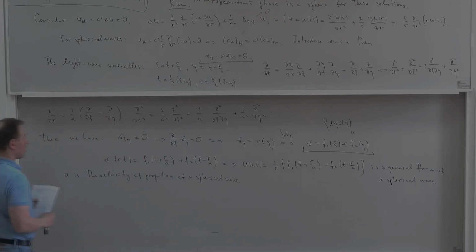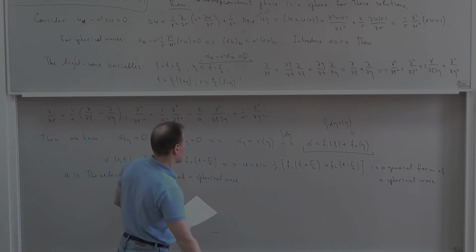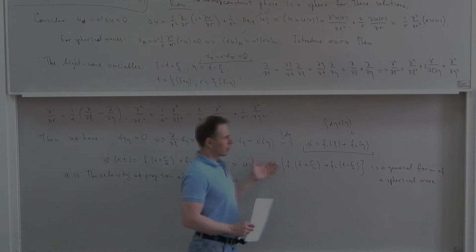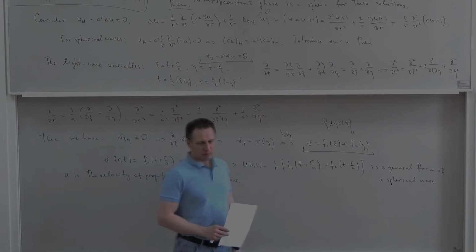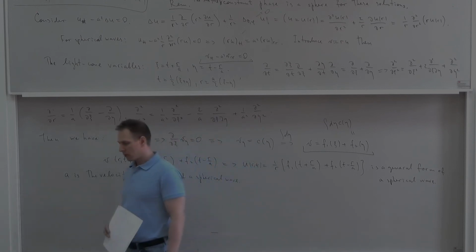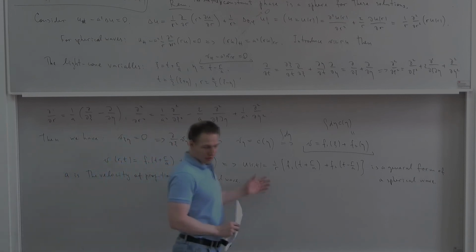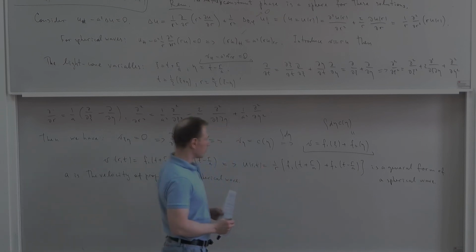Okay, and this general form is valid only in the case when the problem is solved in the region which doesn't include the origin. This is when the point r equal to 0 is excluded.